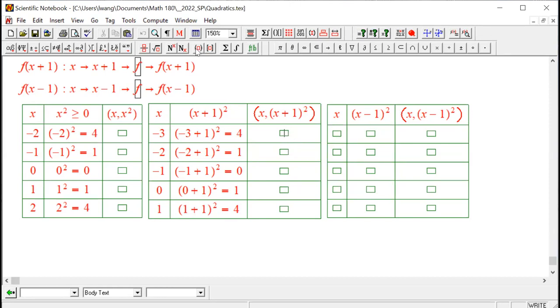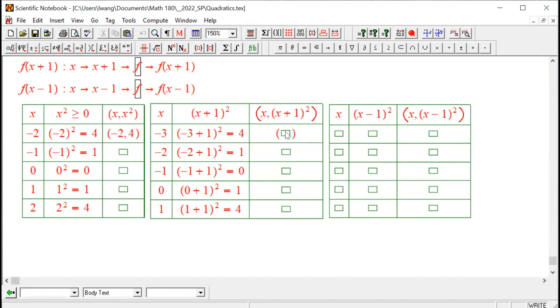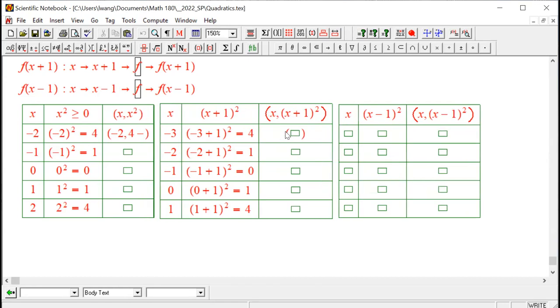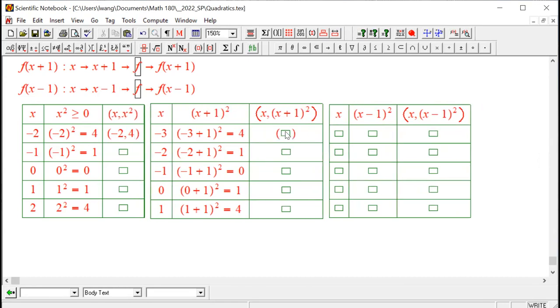So the points I have here, okay, if you look at the points I have selected, right? Of course, this is intentional. Input -2, output is 4 for x squared. Here is -3, output 4. So for a different input, the output is the same.